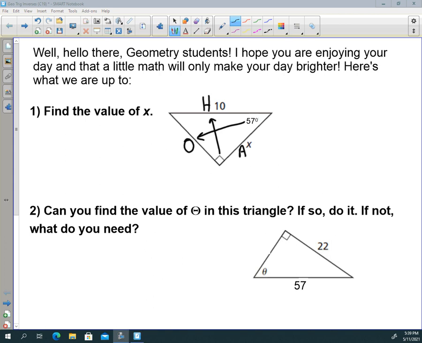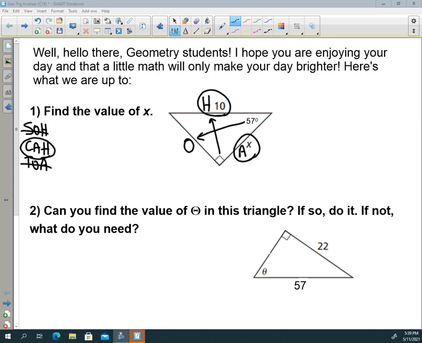Now we have to decide what we have and what we want. We have the hypotenuse, we want the adjacent, and so that's going to help us pick a trig ratio. There are three: the sine, the cosine, and the tangent, and they're remembered by thinking SOH CAH TOA. Now, since we have the A and the H in play, we're going to choose the cosine.